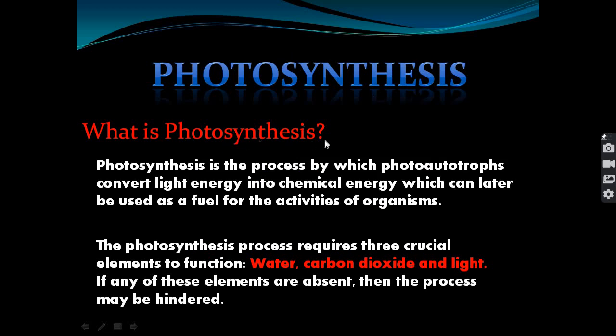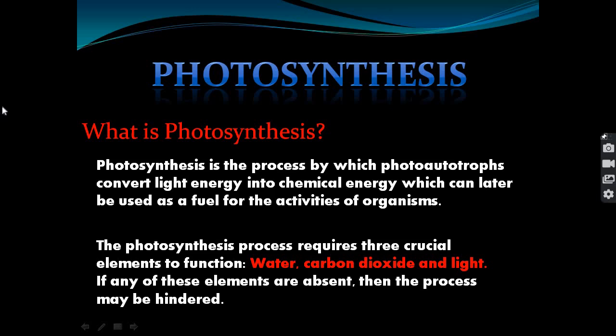So going to the definition of photosynthesis, it can be defined as the process by which photoautotrophs convert light energy into chemical energy, which can later be used as fuel for their activities.